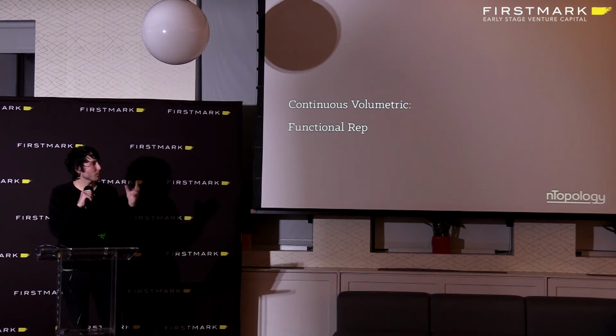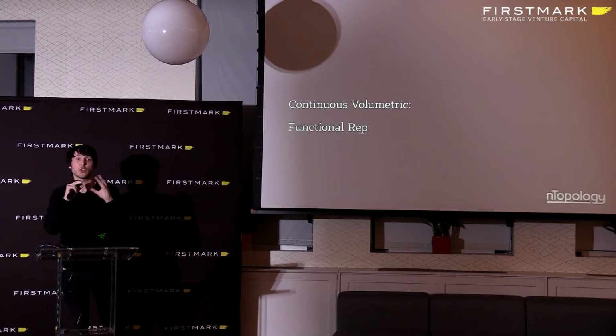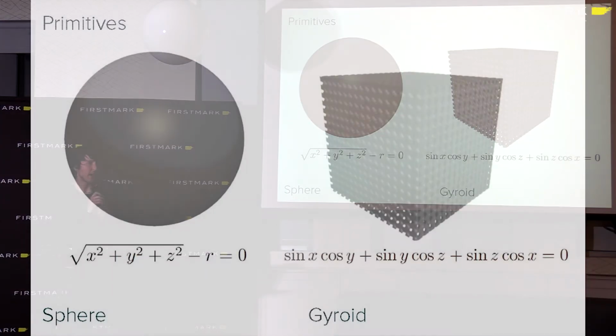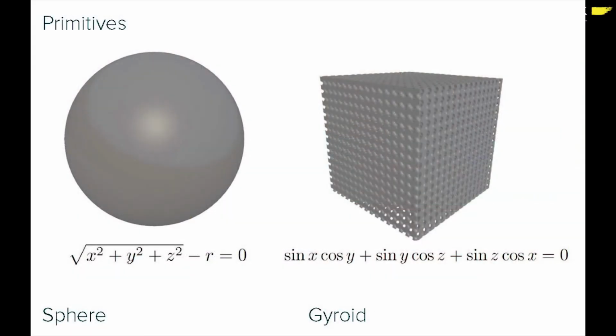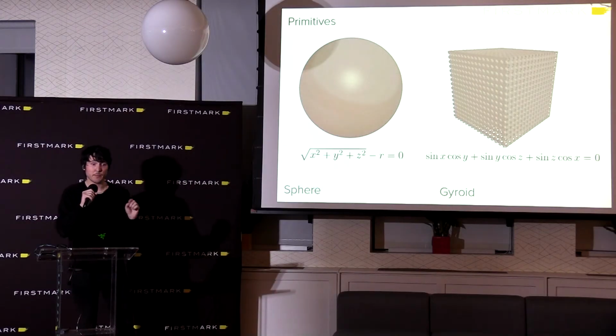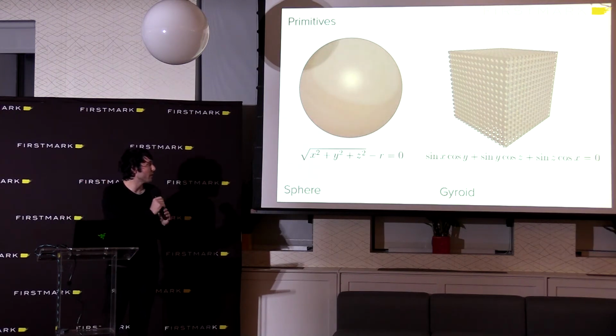And so I think by far the most interesting data structure right now is the functional representation. And this is a continuous smooth volumetric representation. The idea with the functional representation is that you're just storing the pure math to represent an exact distance to your surface. So a sphere is represented as square root of x squared plus y squared plus z squared minus r equals 0.